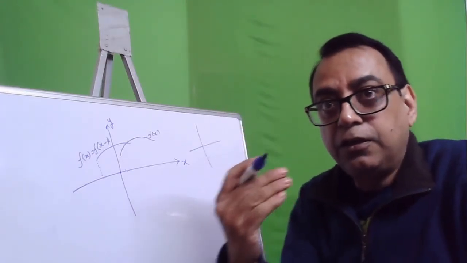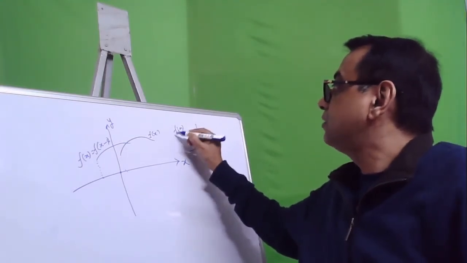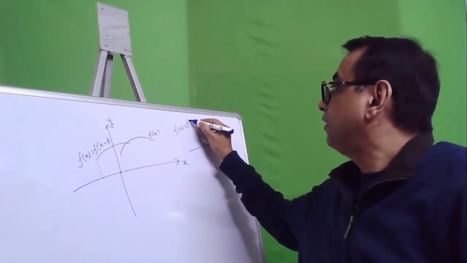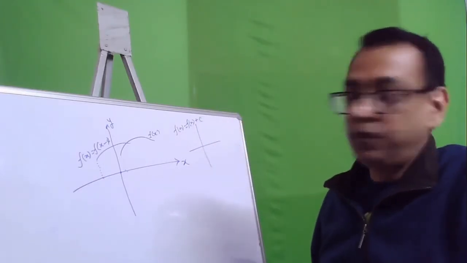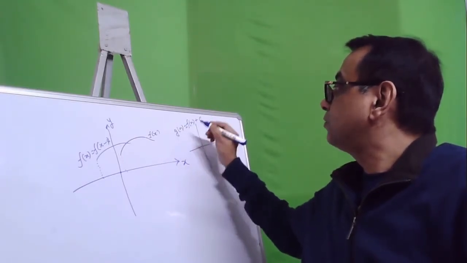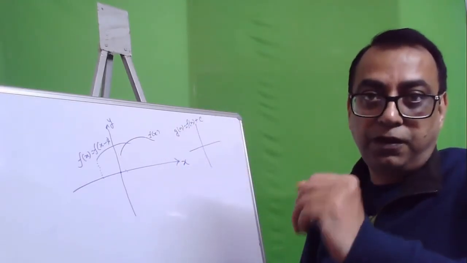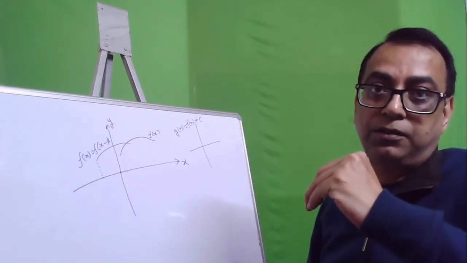The vertical shifting is, you write the new function, let's say just to make it clear, g(x) equals f(x) plus c, which means the function g(x) will be shifted upwards by c units.